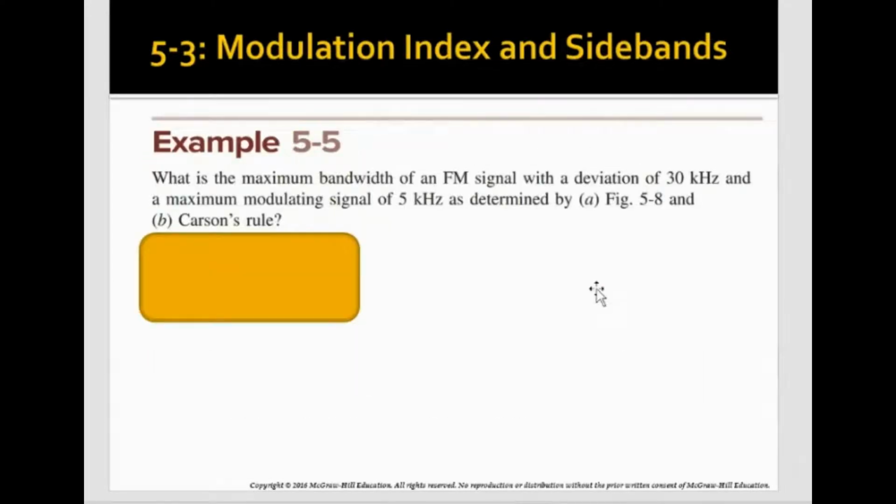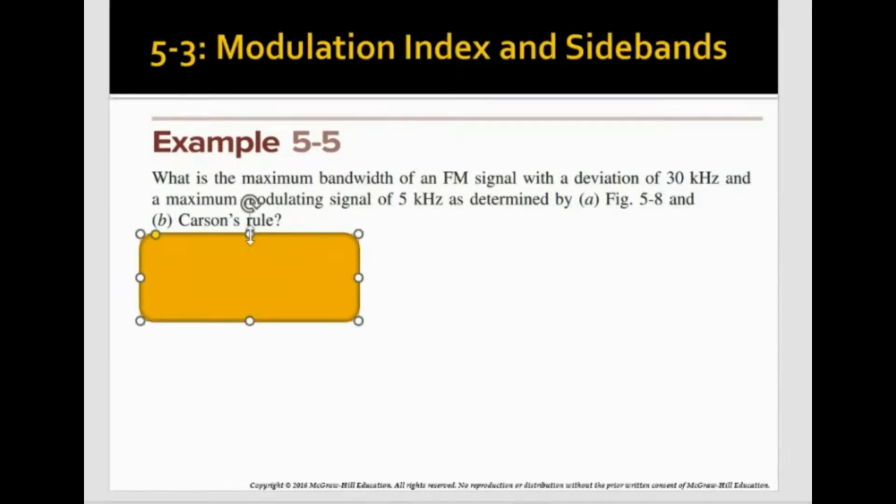Let's have one example. What is the maximum bandwidth of an FM signal with a deviation of 30 kilohertz and a maximum modulating signal of 5 kilohertz, as determined by the Bessel function-based equation, which is figure 5.8, and second, by Carson's rule?